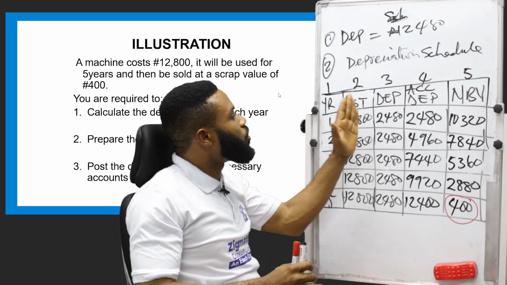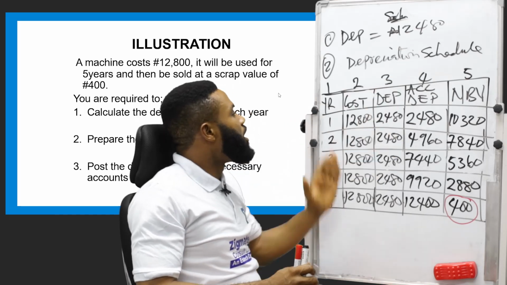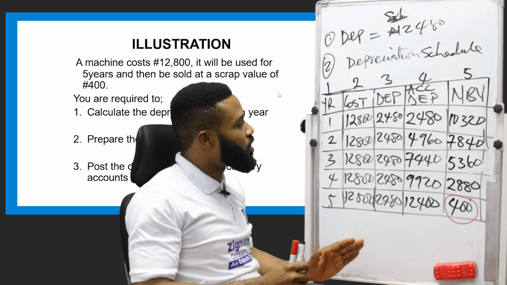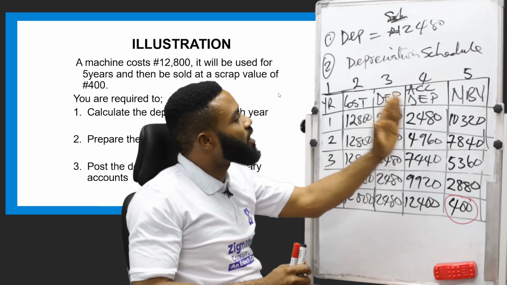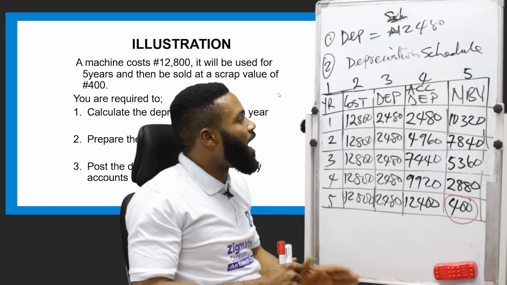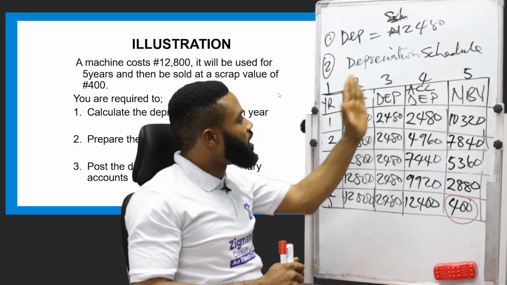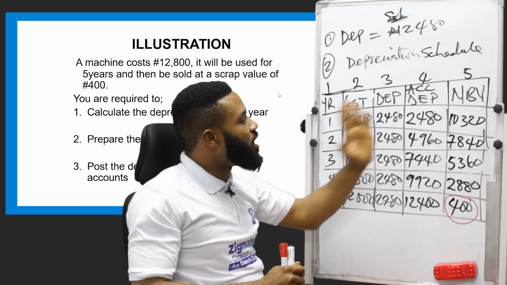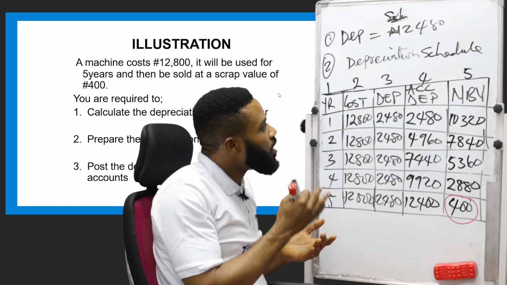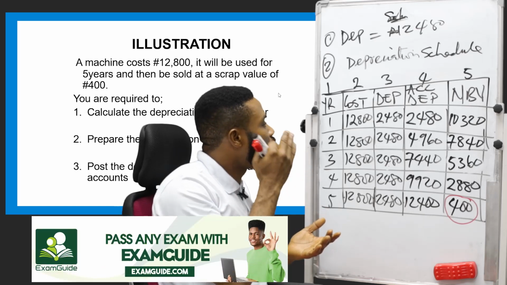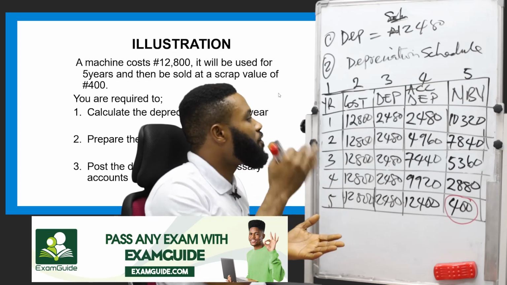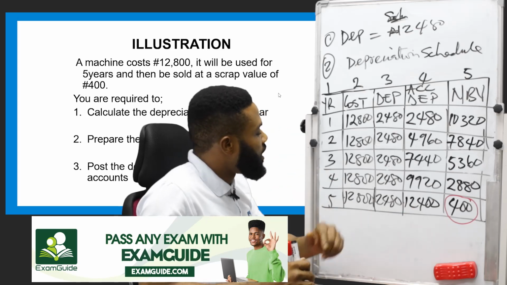So this is how the depreciation schedule looks like. It has 5 different columns. The first one is for year, the second one is for cost, the third one is for depreciation, the fourth one is accumulated depreciation, and the fifth one is net book value. The cost does not change. Depreciation does not change. Accumulated depreciation is simply year 1 plus year 2 will give you the first column, year 2 plus year 3 will give you the second, down to the last column.